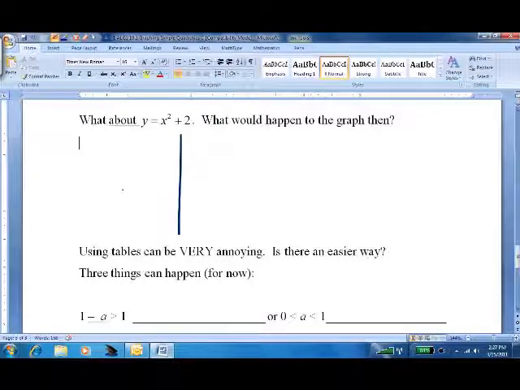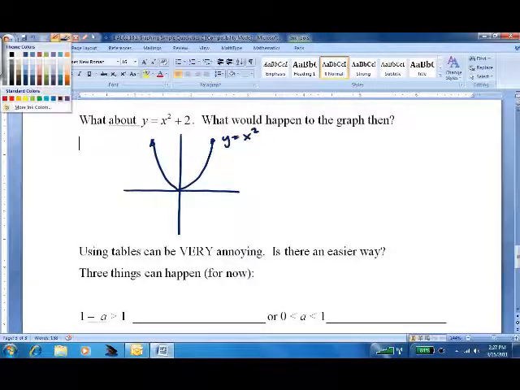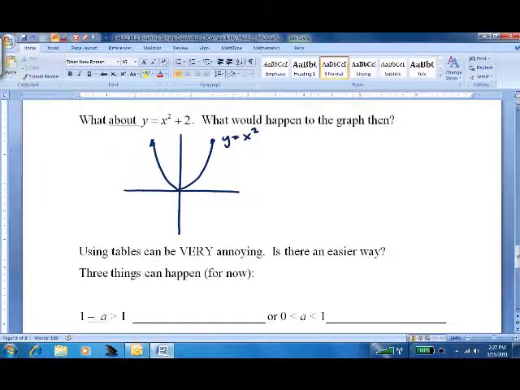We can probably guess what the plus 2 will do. Here's my parent function. Plus 2, fortunately, does exactly what we think it will do. It just moves the vertex up 2, and we have the exact same graph. Y equals x squared plus 2.